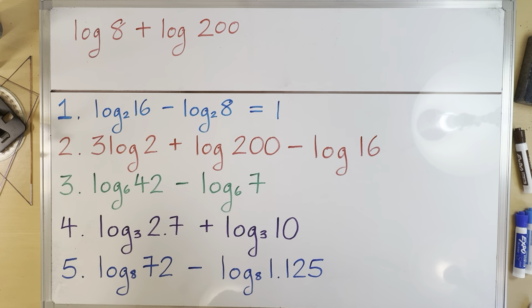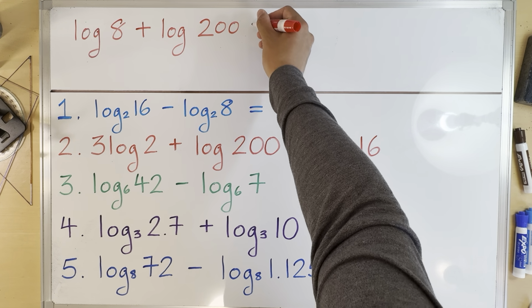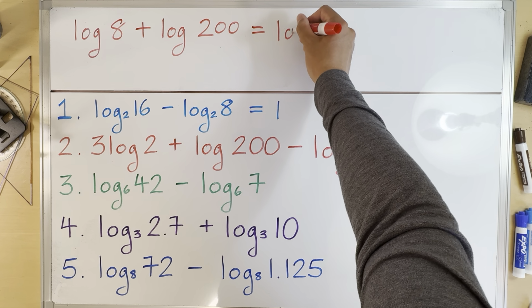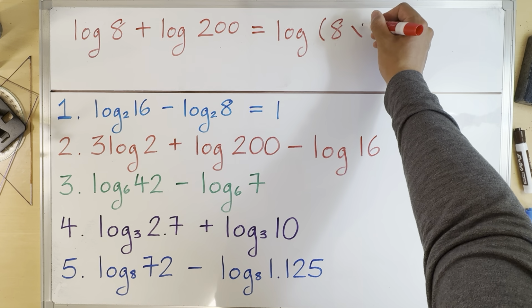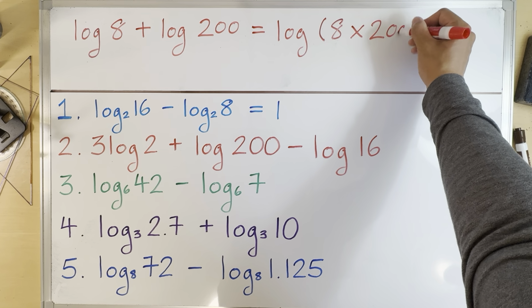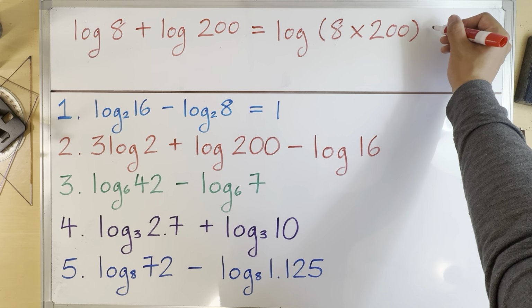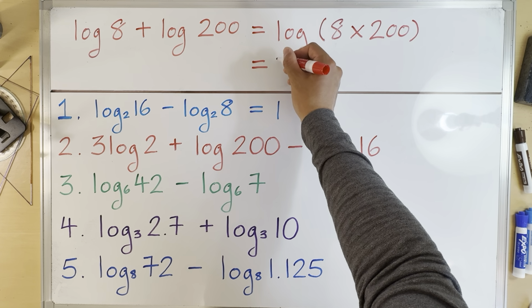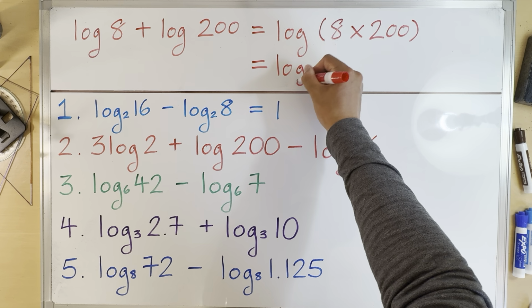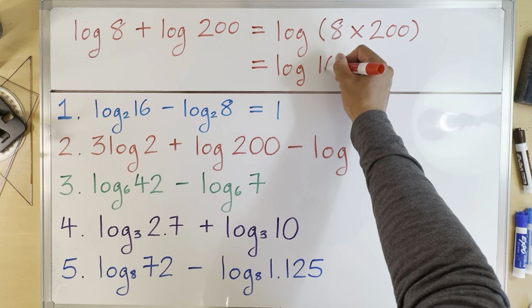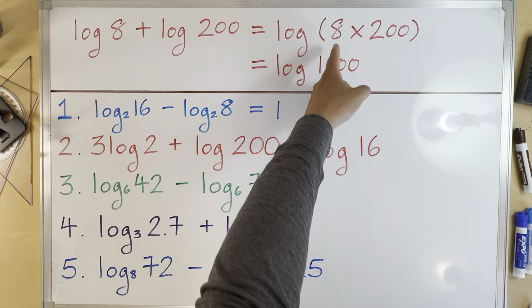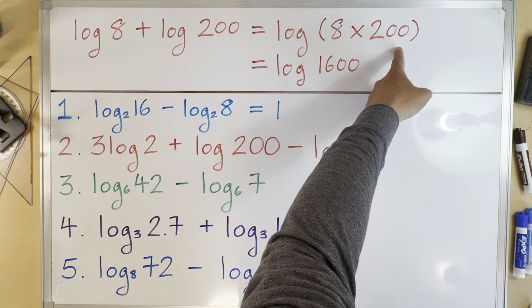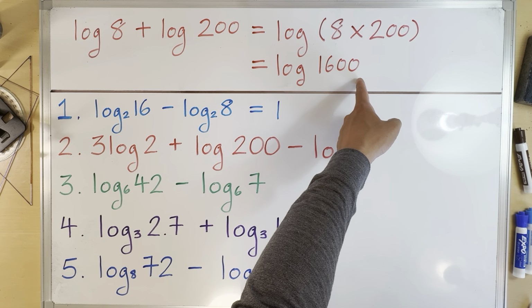Now, according to the product rule for logarithms, this would be equal to the log base 10 of 8 times 200. And that is equal to the log base 10 of 1,600, because 8 times 200 gives us 1,600.